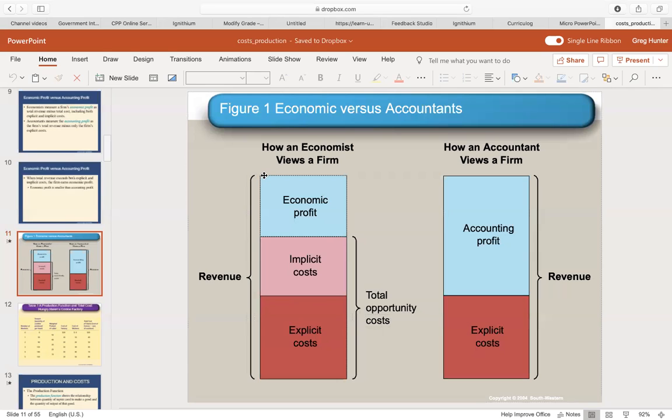So when I say something like a business has earned zero economic profit, what that usually means, and this is something that you might want to write down, is that zero economic profit usually translates to about 7% accounting profit per year.